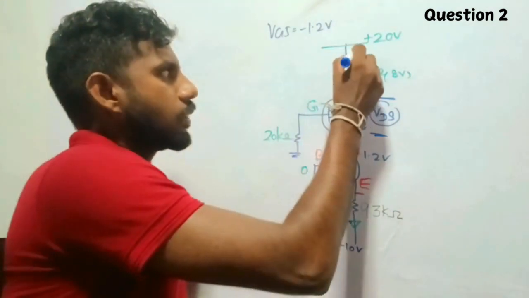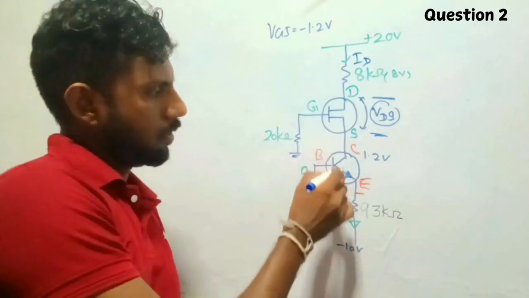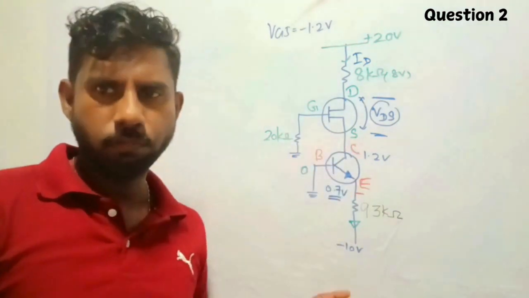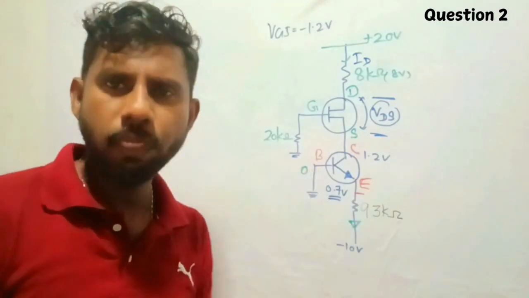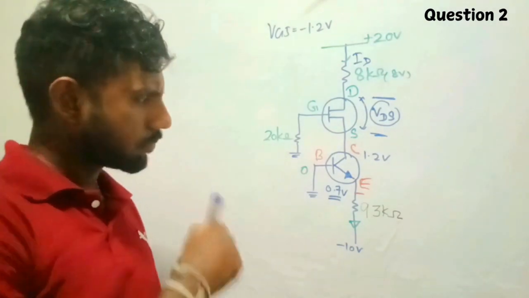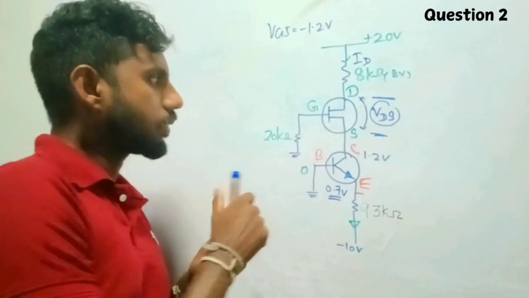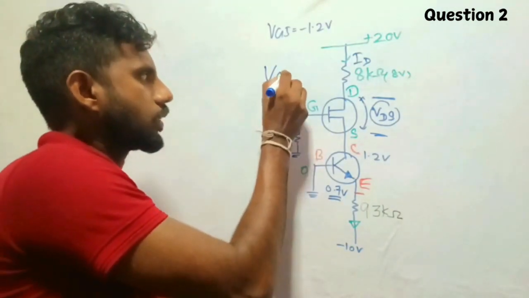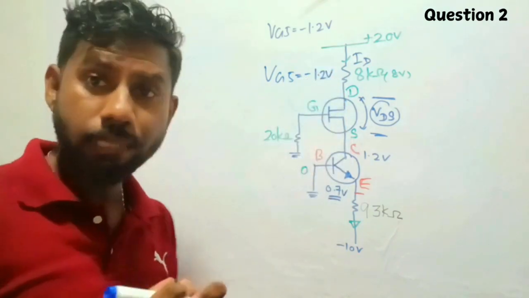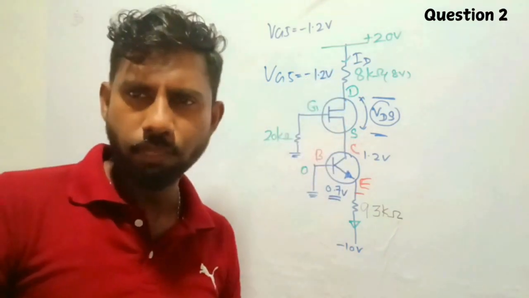ID current is possible only when the transistor is in the active region. So BE has to be forward biased. I'm starting from here, and they are also giving us another data, VGS equals minus 1.2 volt.